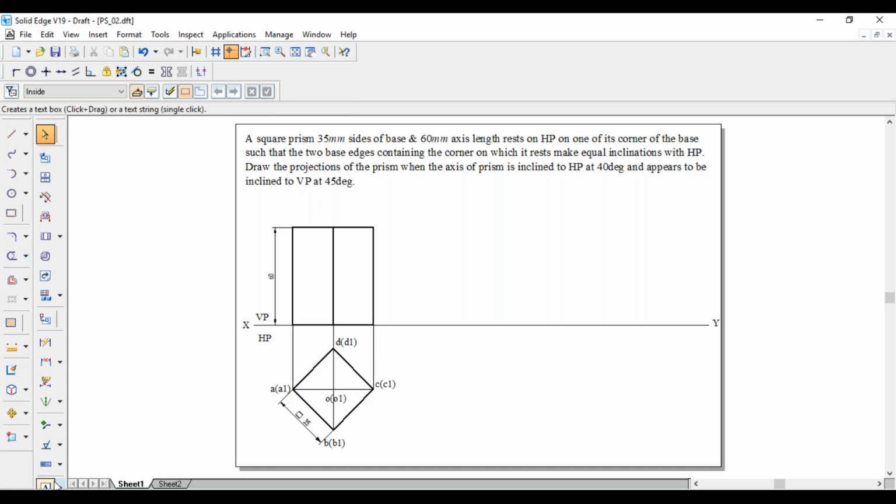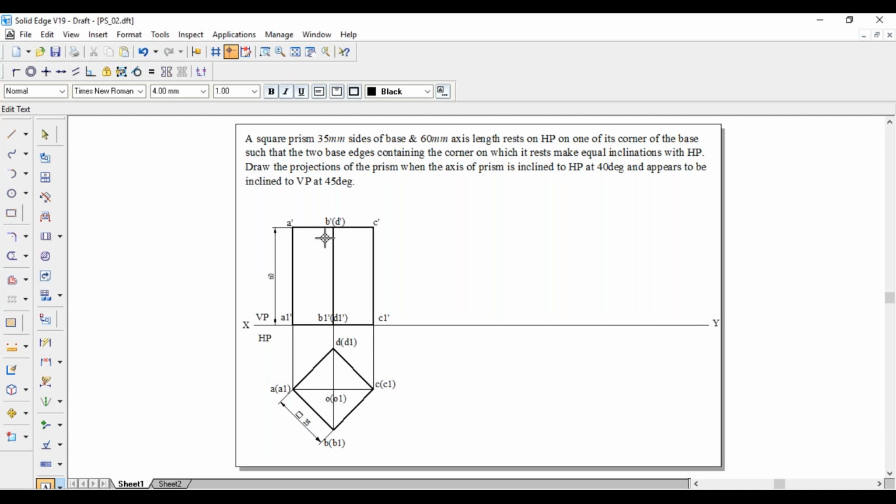Naming this is A1 dash. So B1 is visible, whereas D1 is invisible. So it is B1 dash in the bracket D1 dash, C1 dash. Similarly, this one is A dash, B dash in the bracket D dash, C dash.